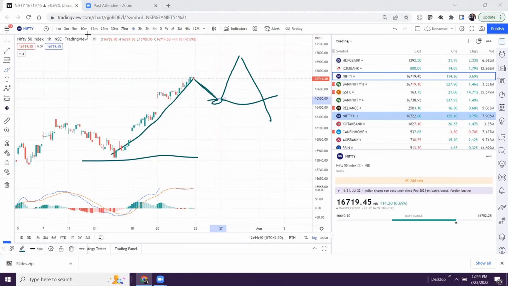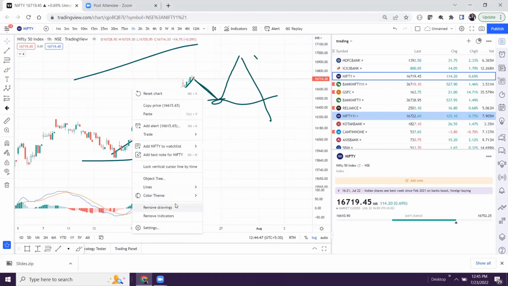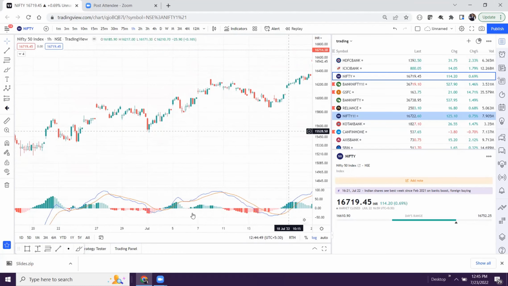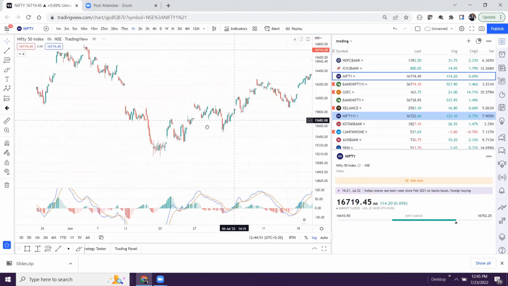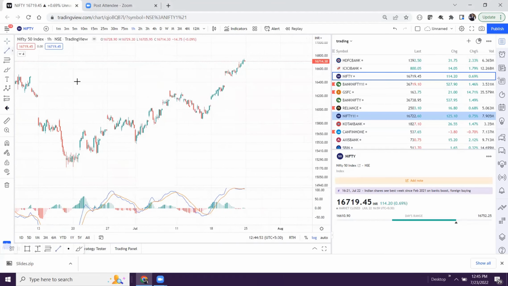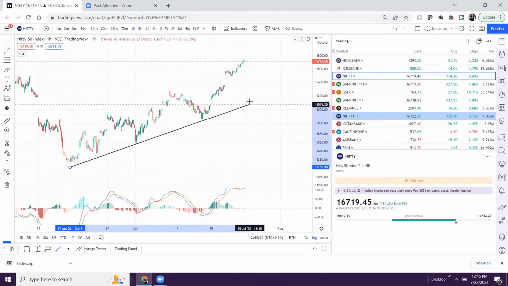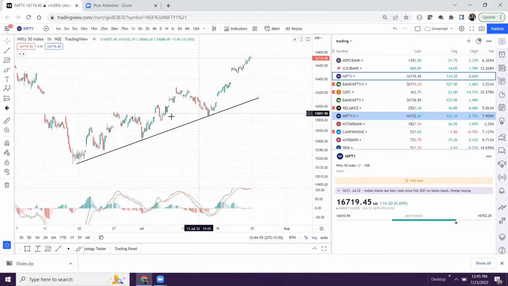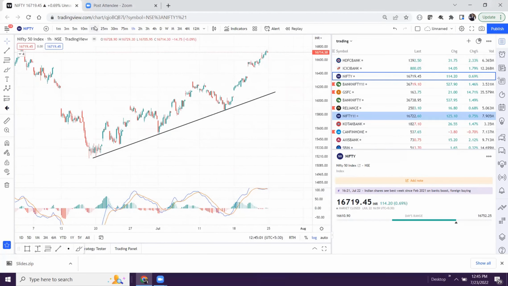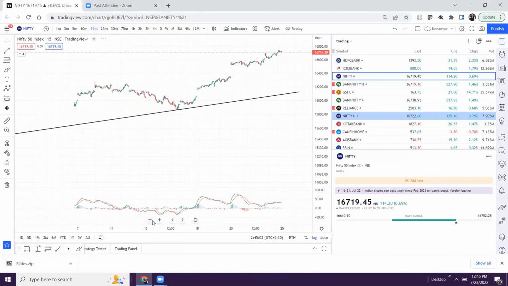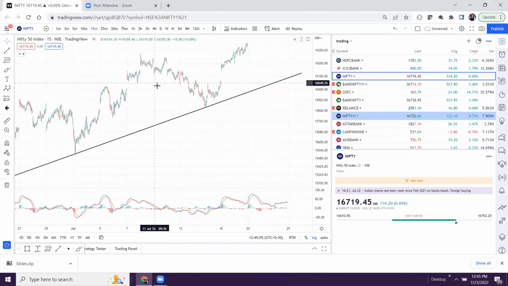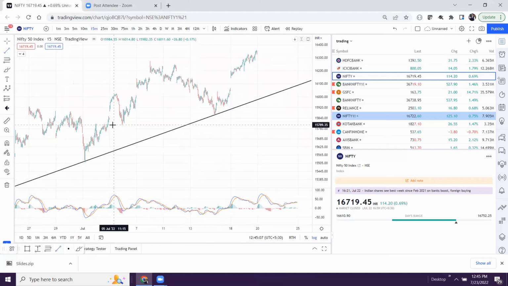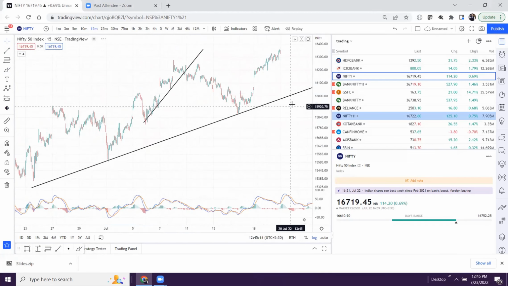Now suppose you want to trade on this, let me clear this again. See how importantly a simple trend line also works. Now if you draw a trend line like this, see, the hourly trend line is never broken, right? Now if you go to the 15-minute charts, this was the time the trend line broke on the 15-minute.